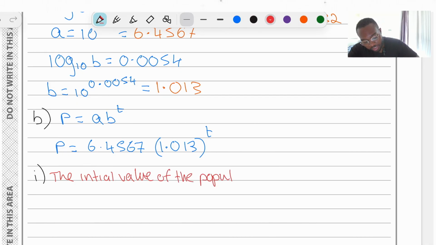So we can write something like initial value of population in 2004, or in the beginning of 2004, something like that.